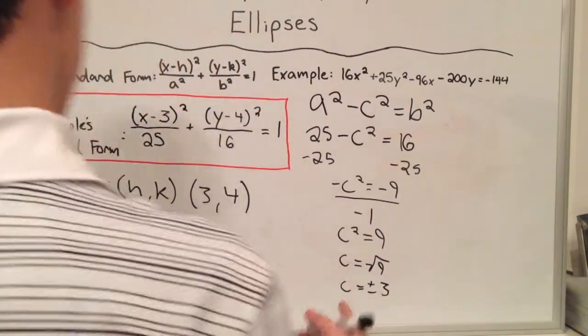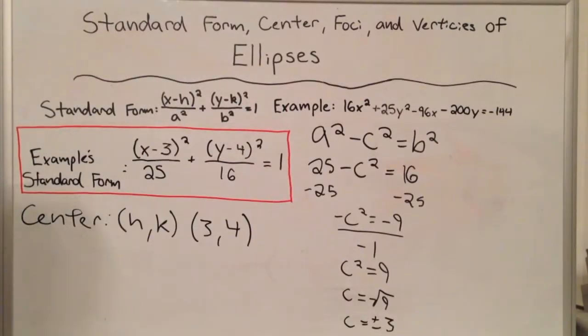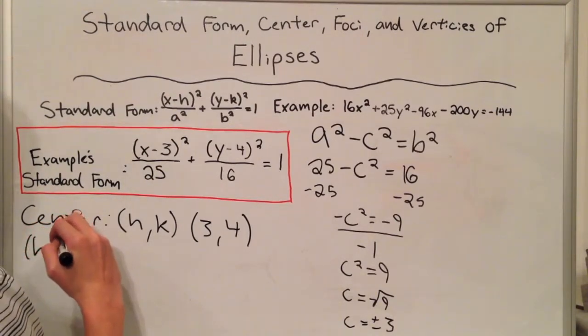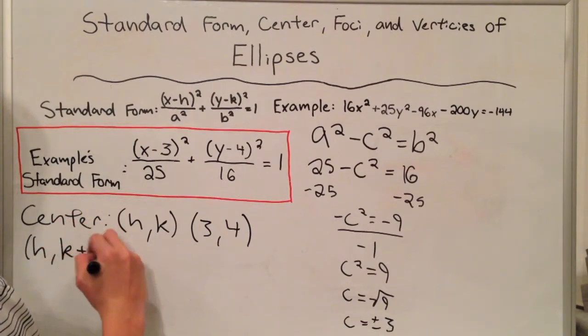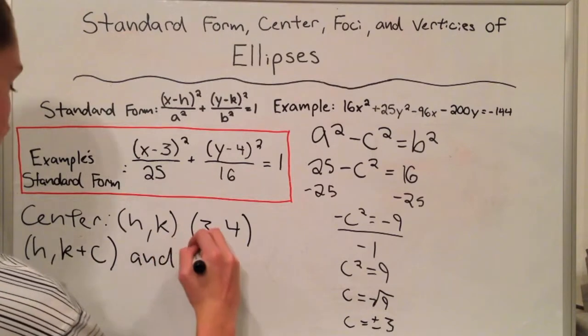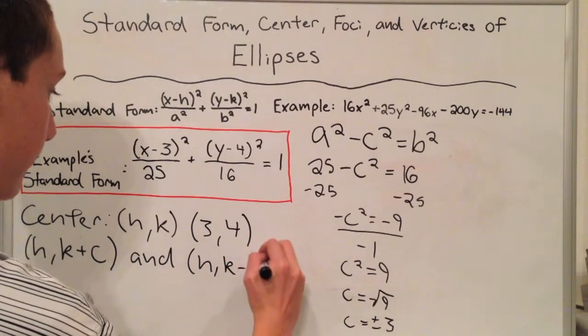And now that we know c, we can use that to find the foci points. The foci points are h, k plus c, and h, k minus c.